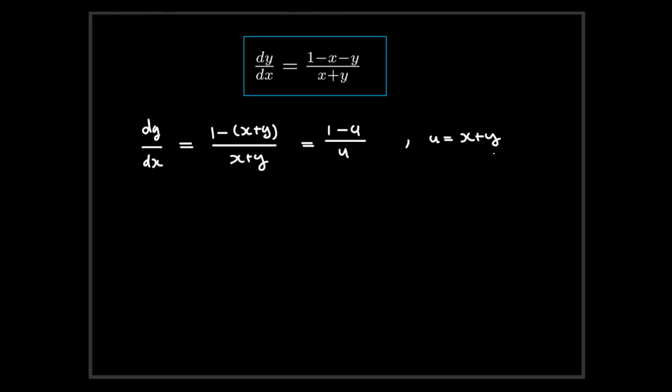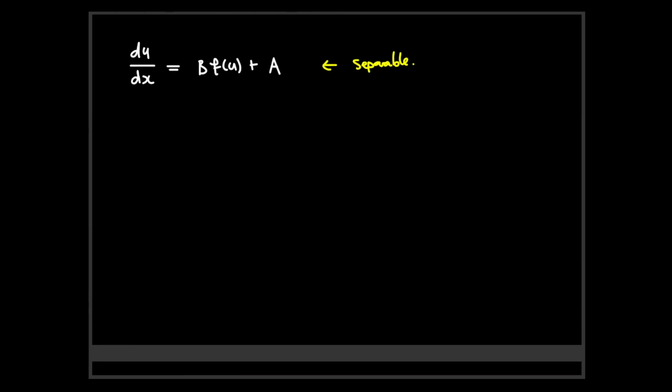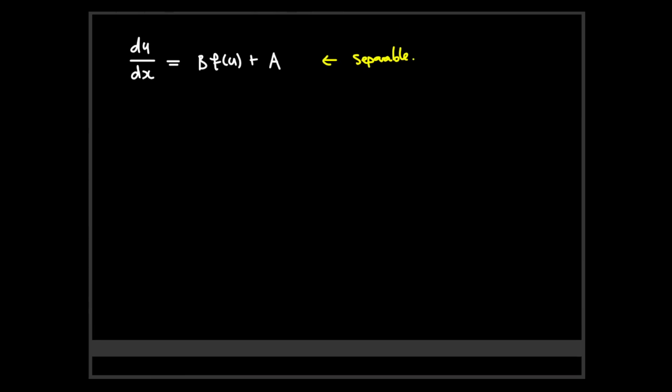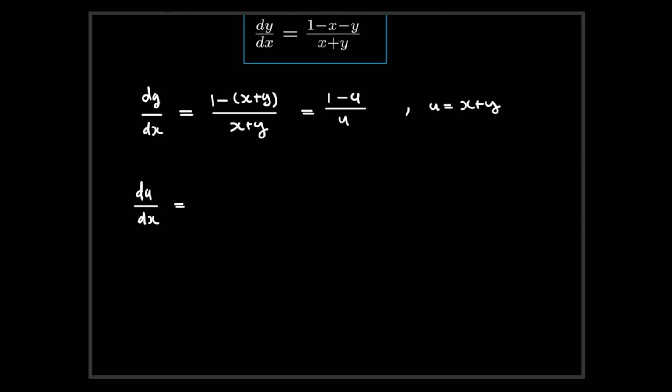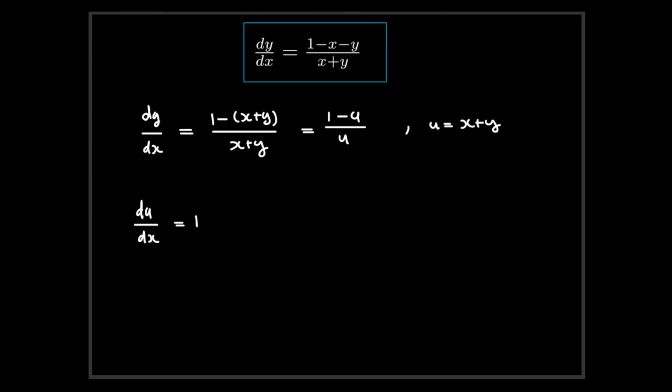Okay, great. So now, doing this substitution for u, we just get that du dx, which we computed in the step earlier, is b times f of u plus a.